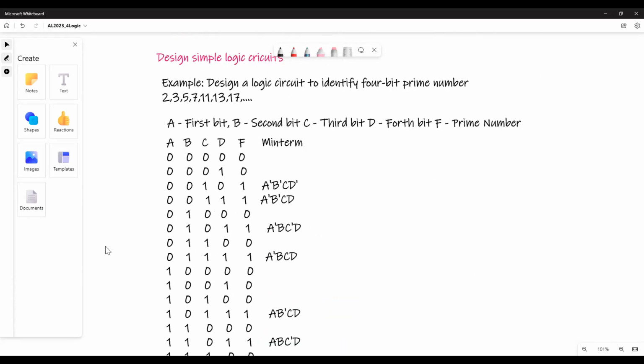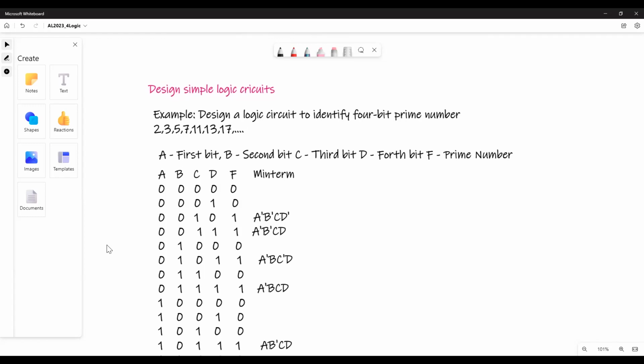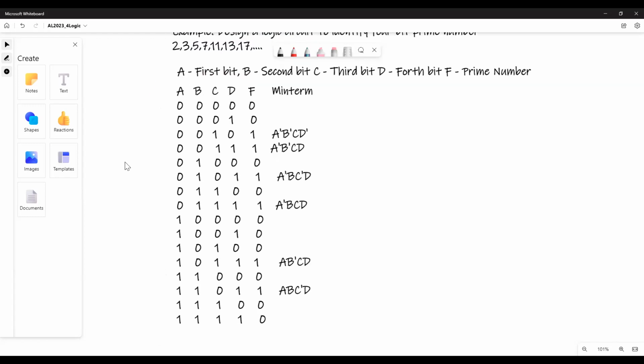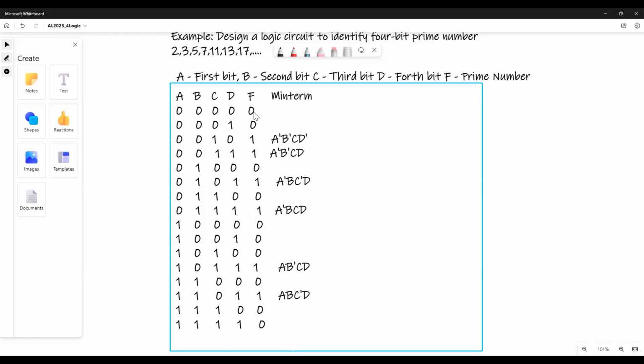We were discussing designing a logic circuit to identify 4-bit prime numbers. So I think we have finished up to this point. The output will be 1 whenever we have a prime number. So the output will be 1 when the value is 2, 3, 5, 7, 11, right?